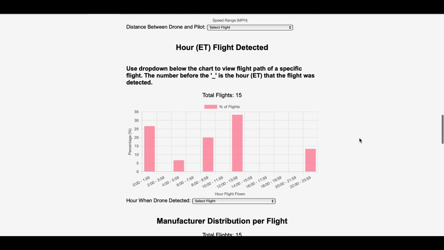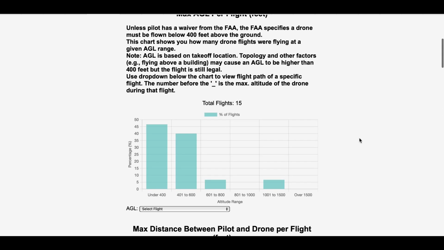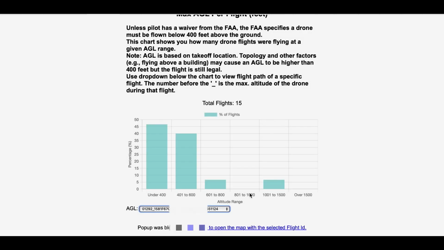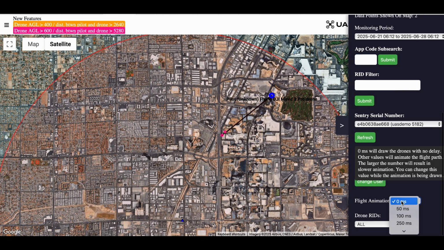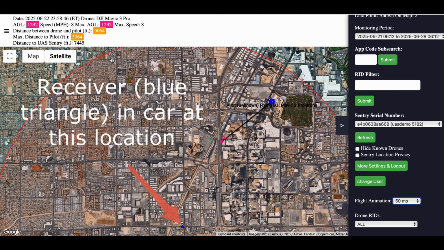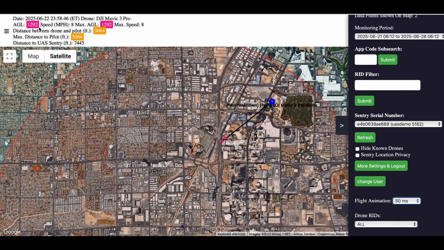So let's actually dive deep into some of this data. First thing is, let's look at the altitude one. You select the drop down. You can select which flight you want to see, so we'll pick the flight with the highest altitude. And that's the one that took off from the Wynn parking lot, flew over the Strip, and over by the old Mirage and Caesars Palace.